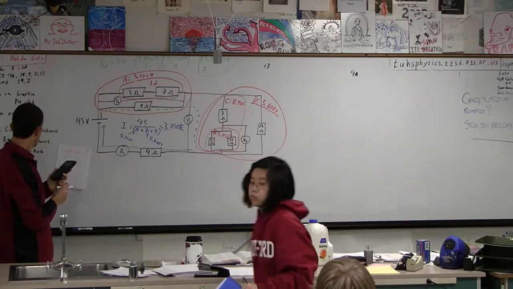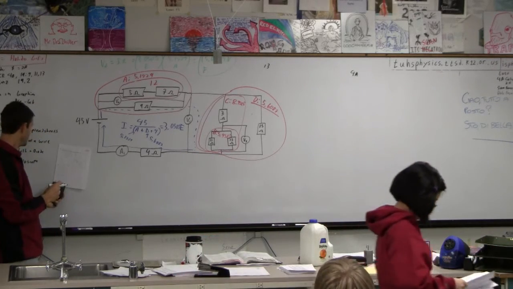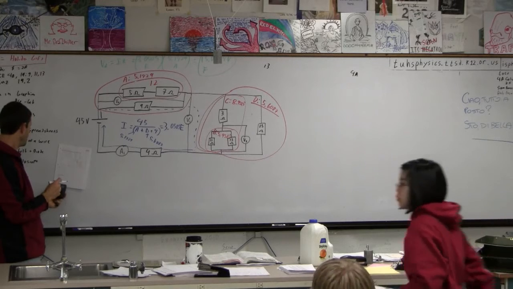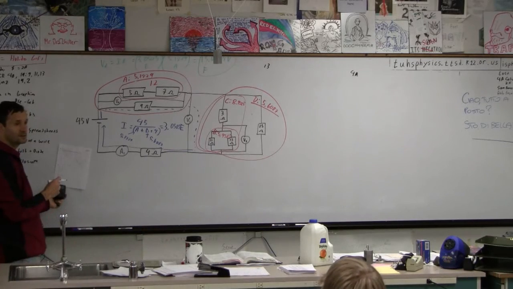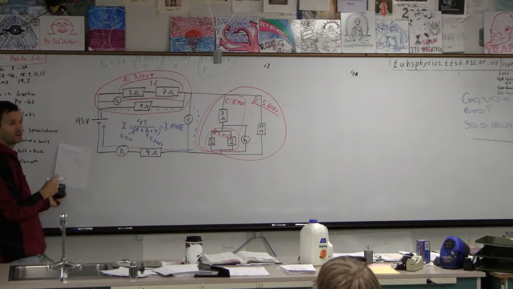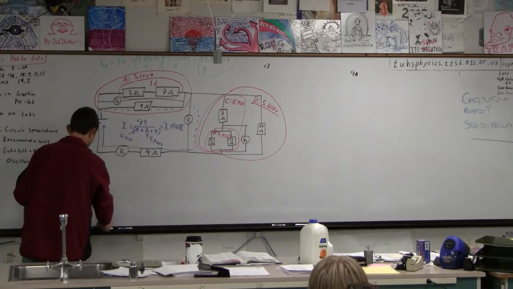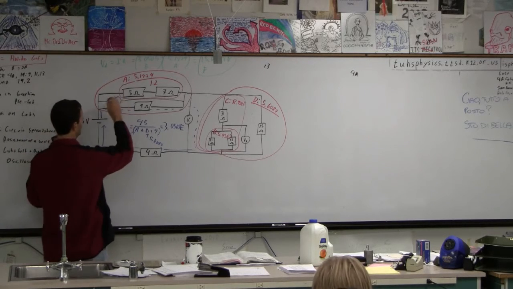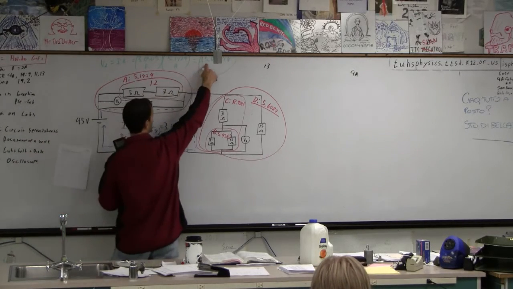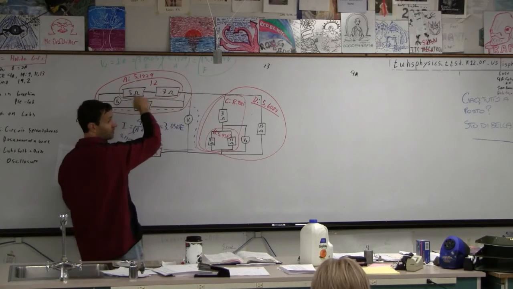Okay. Then it says find the current through the 7 ohm resistor. Wouldn't this be a good time to find the current through the 7 ohm resistor? Right? So the current through the 7 ohm resistor is going to be this voltage. That's the voltage that drives the current through the 7 ohm resistor.